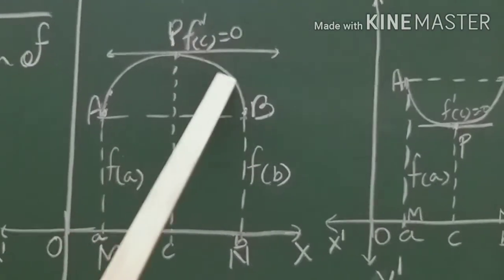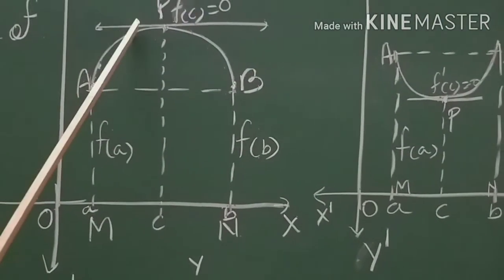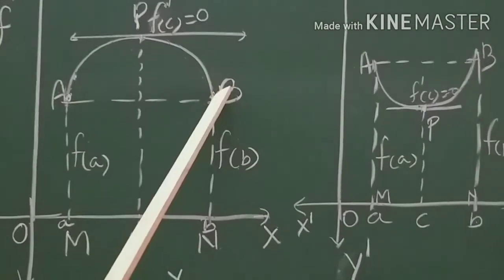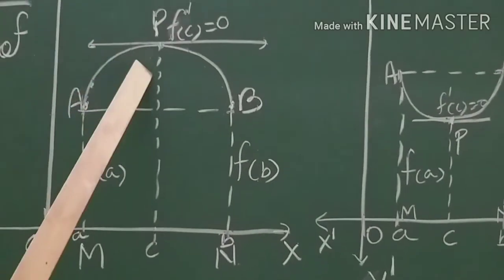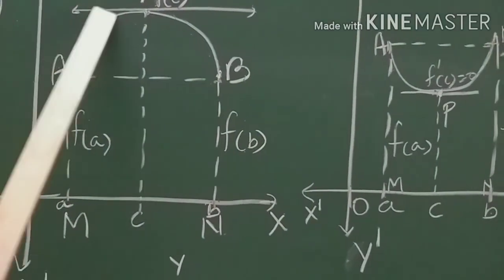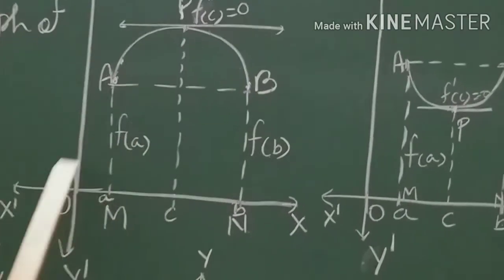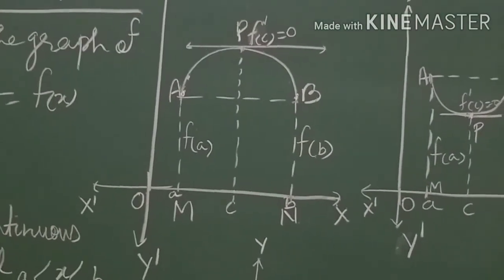From A to B we can take many points, and from these points there should be at least one point at which the tangent drawn should be parallel to the x-axis.